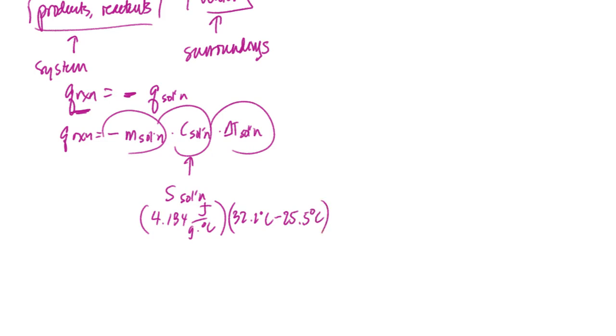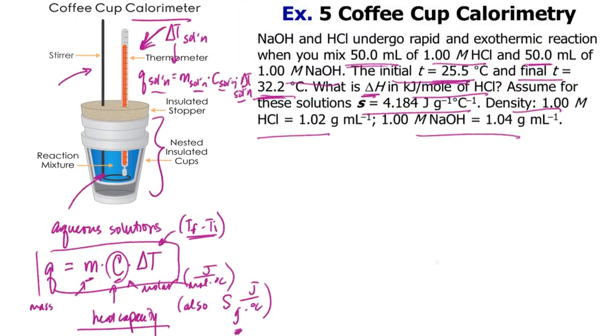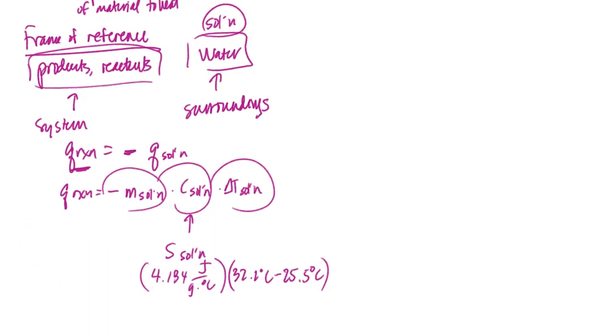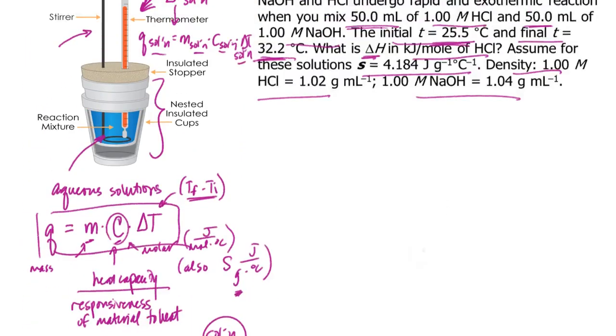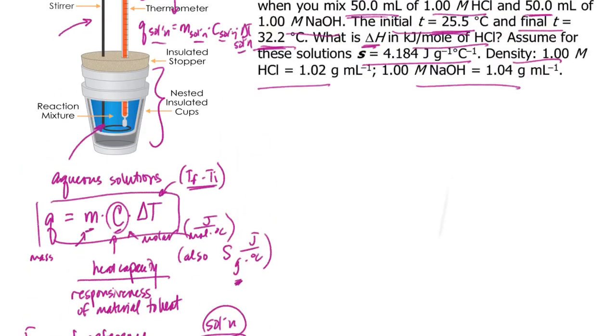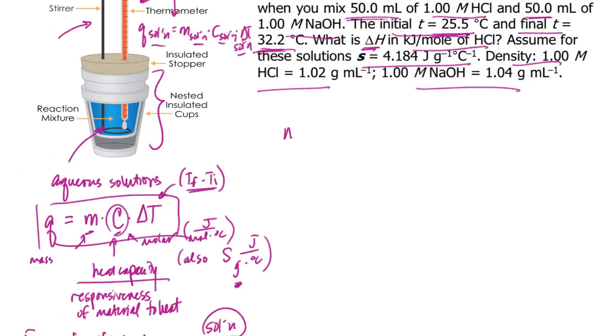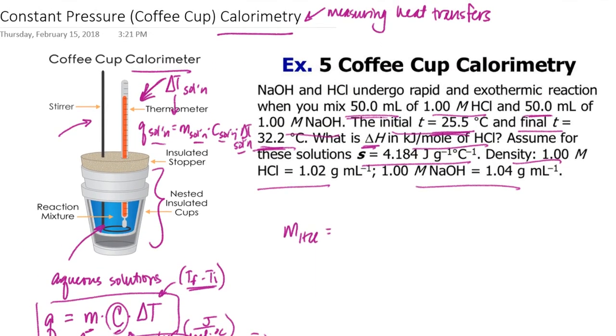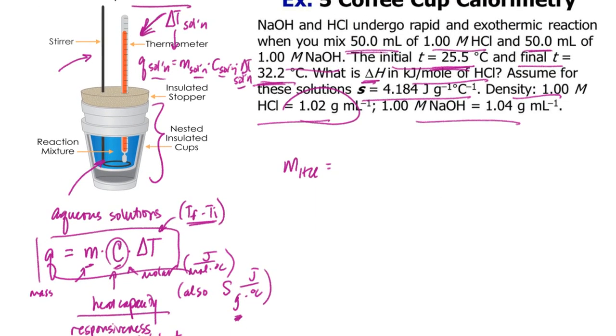Now, I need a way to actually calculate the mass of the solution. So basically what I'm going to need to do is find the mass of the hydrochloric acid. Well, for that I'm going to need the density. And so I have 50 milliliters of the hydrochloric acid times 1.02 grams per milliliter.